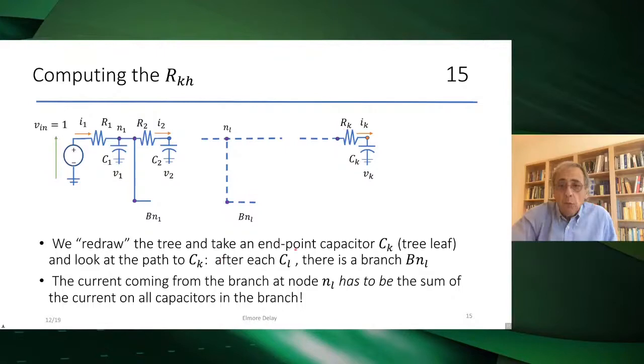But the only interesting observation here is that on any of these branches, the current coming up here has to be equal to the sum of the currents on the capacitors hanging in here, because those are the only current sources that we have going on this branch. So the current coming here has to be the sum of the currents of all capacitors on this branch.